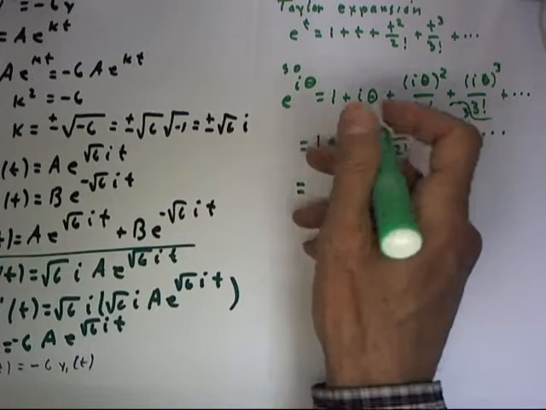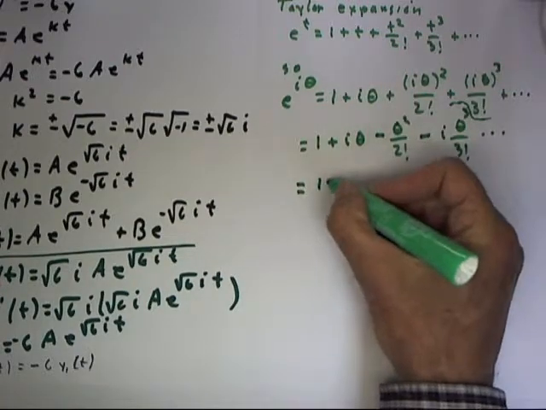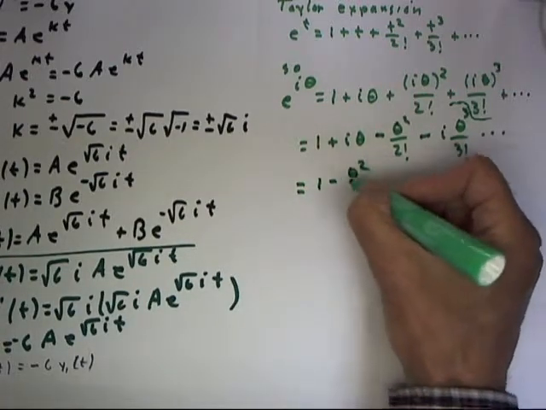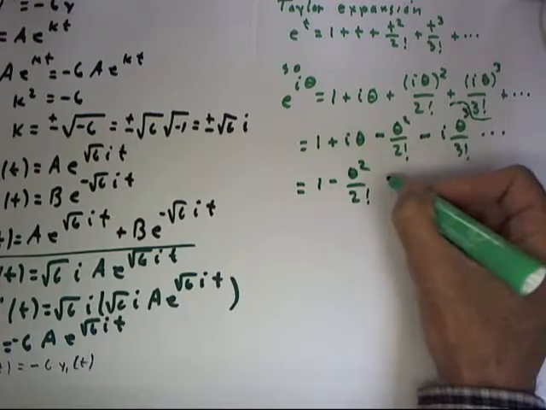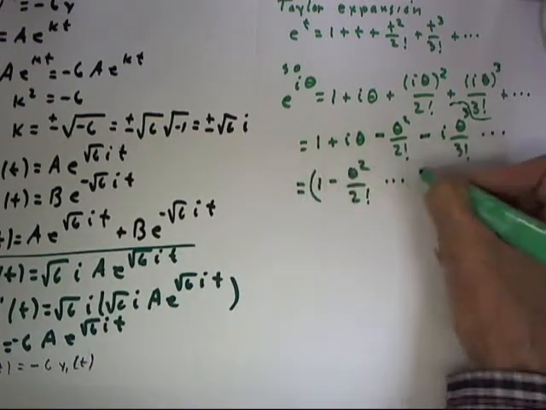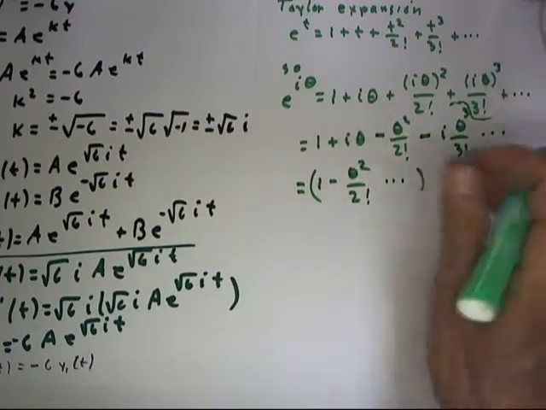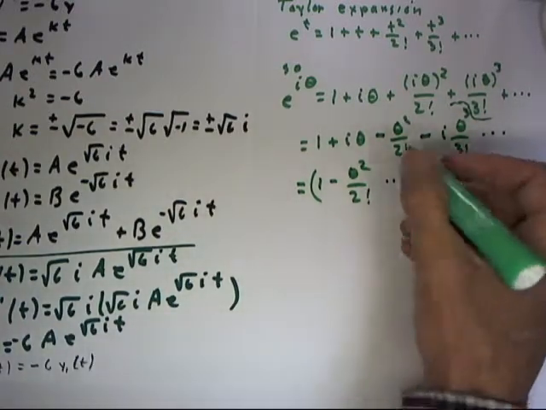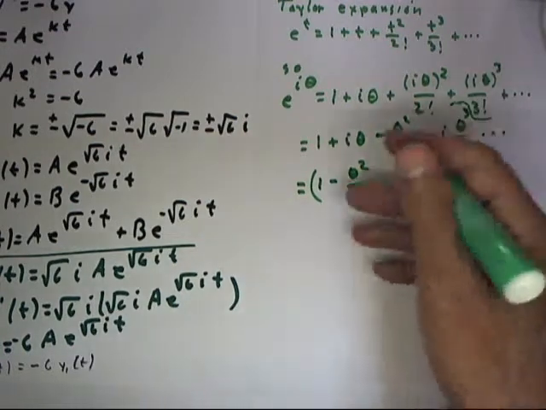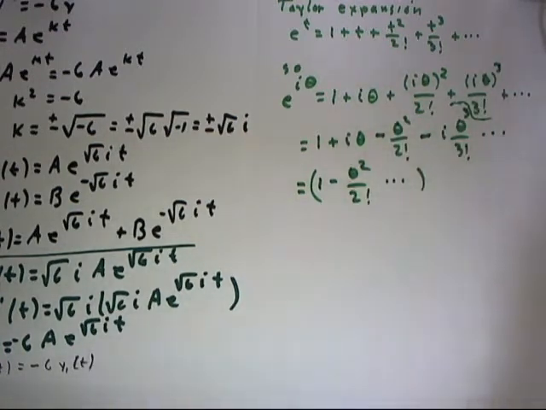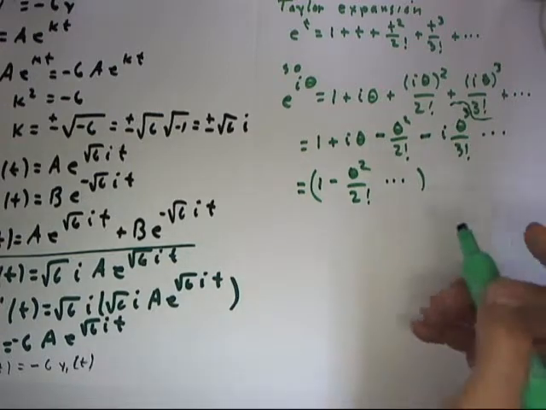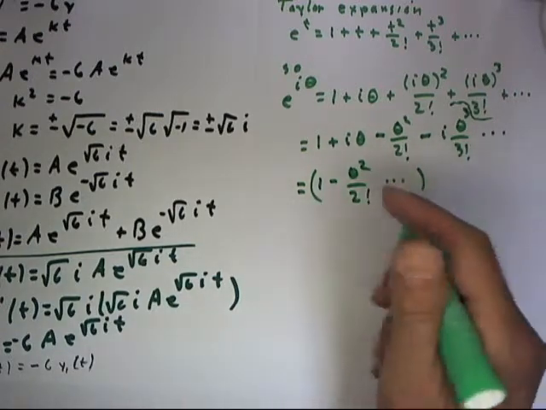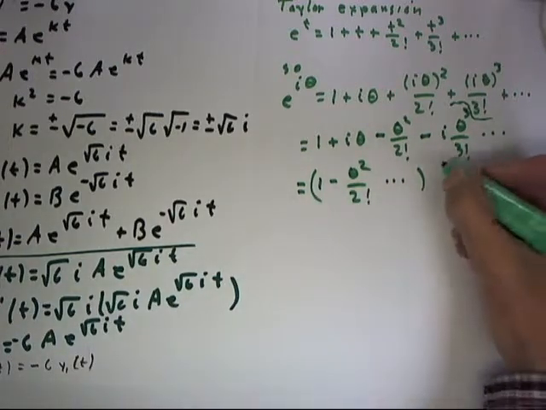We're just going to say that this is 1 minus theta squared over 2 factorial, and that's going to go on. If we write out more terms of this expansion, we can see what the next terms are going to be here. The next one will be plus theta to the 4th over 4 factorial, and the next will be negative theta to the 6th over 6 factorial. I'm not going to write all those terms out.